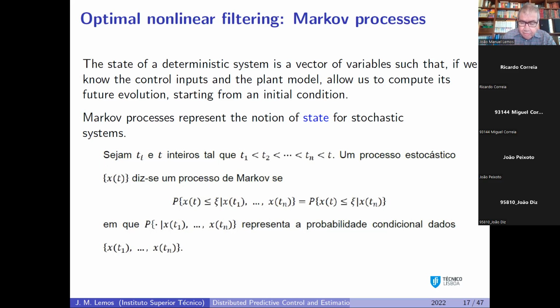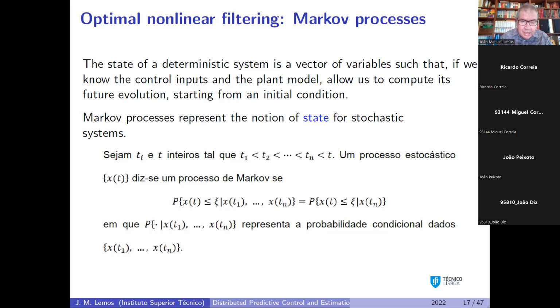A set or vector of variables, such that if you know it at one time instant, you can compute what happens in the future, provided that you know the excitation of the system in the future. And the Markov process generalizes to the stochastic case this notion of state.